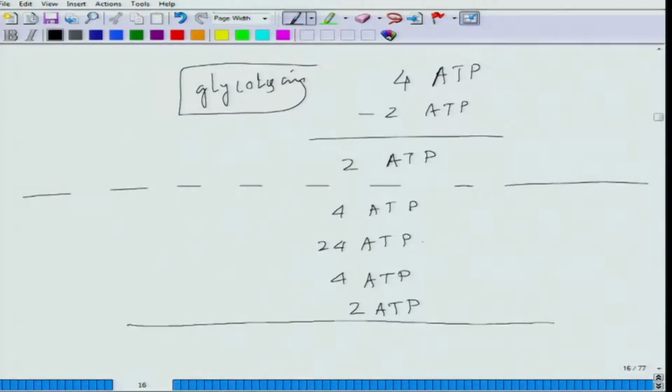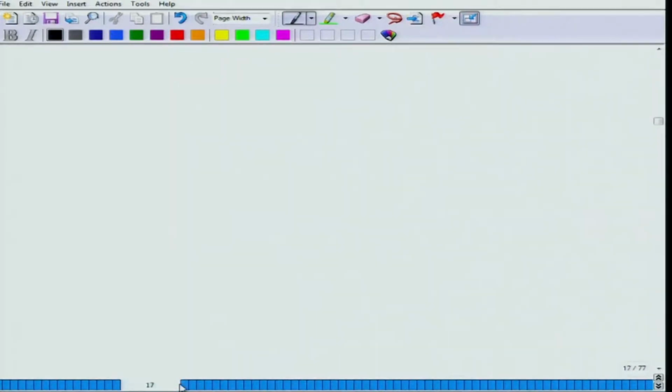And the sum total of the net gain of the cell from aerobic catabolism of one glucose molecule is 36 ATP molecules. And how that happens, we are going to come to now. I will draw the chart to show you how this whole thing is happening.